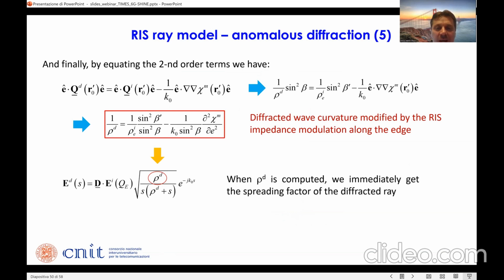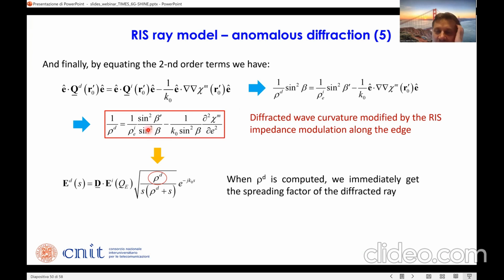And one more thing I want to add is that applying the phase matching on the edge, and by considering the second order term of the equations, we also get the spreading factor of the diffraction. This is straightforward.